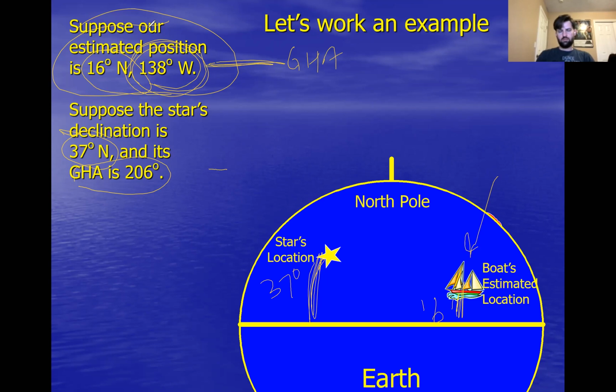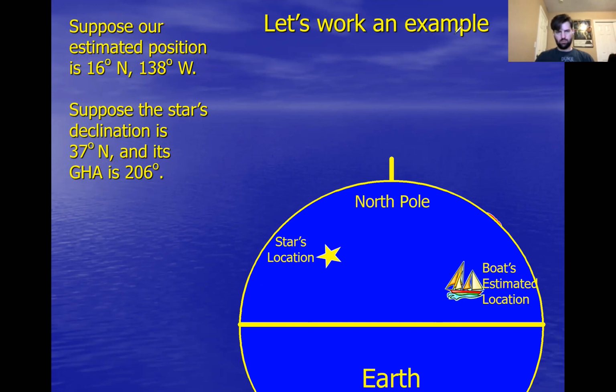If our GHA was 138 and the star's GHA was 206, then when we draw the nautical triangle here, this angle right here will be 206 minus 138, whatever that number is. Okay, that makes sense? Okay, so let's draw this here.